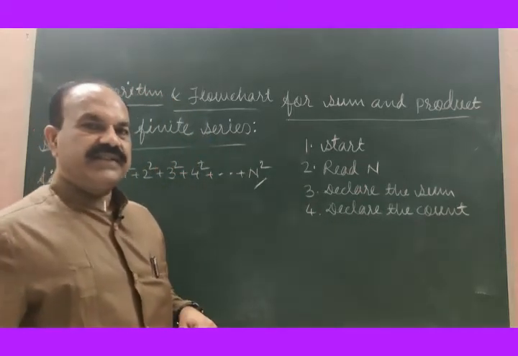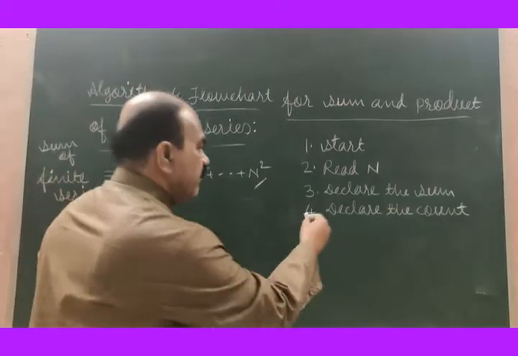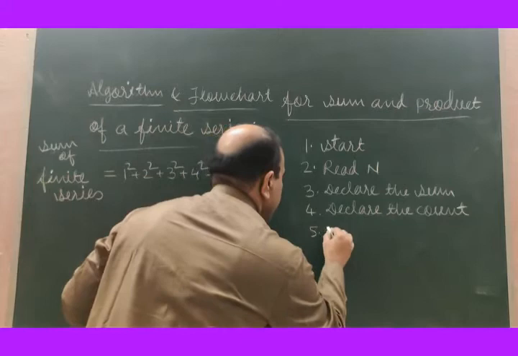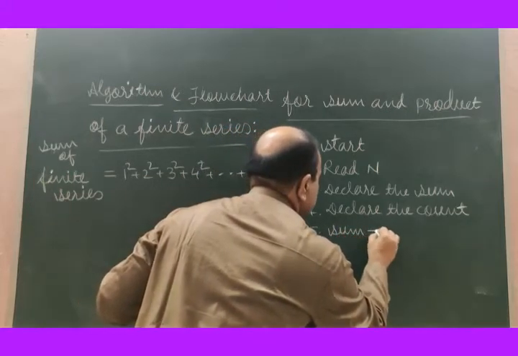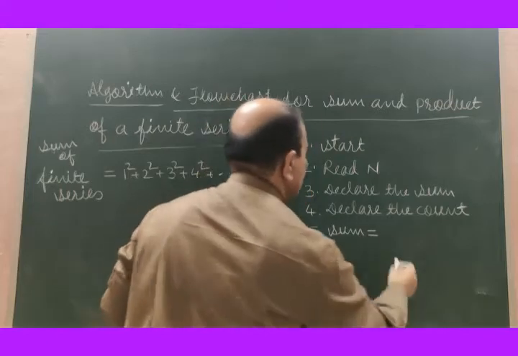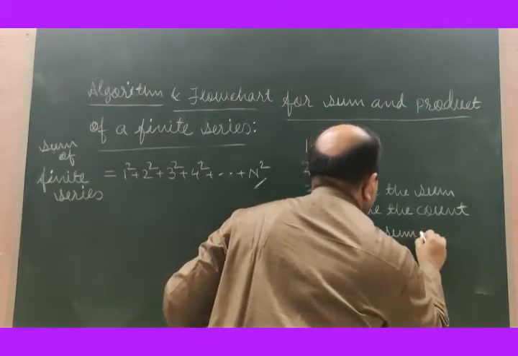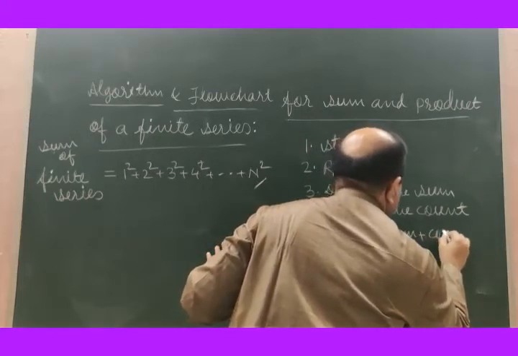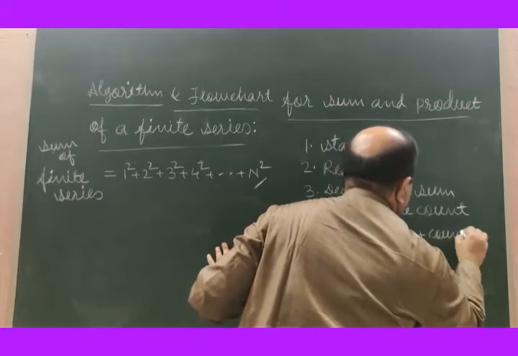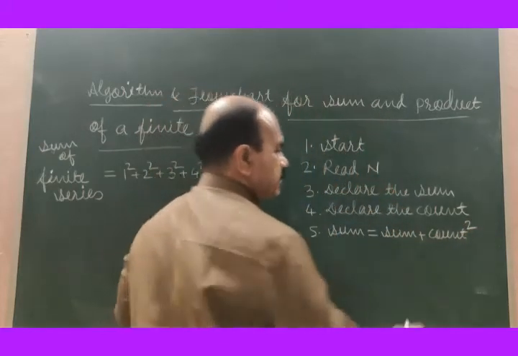After that, we have to find this sum. This sum will be found by this formula: sum is equal to sum plus count square.